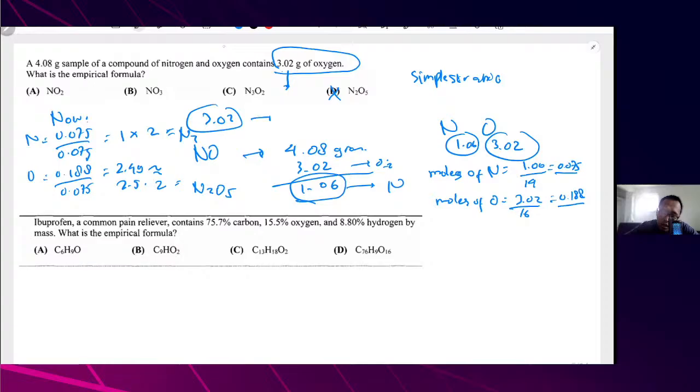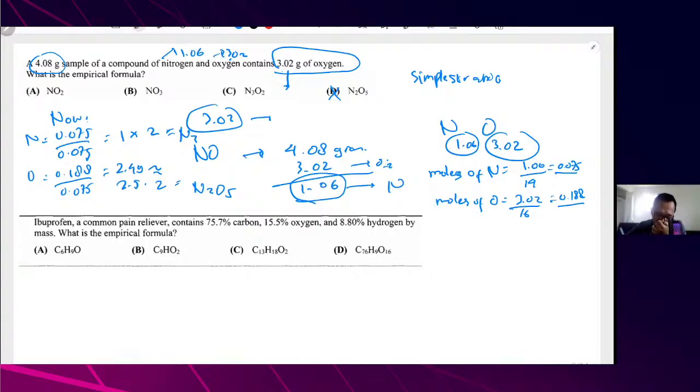We already know the oxygen is 3.02, and for nitrogen, if we subtract oxygen from the whole sample, it gives us 1.06.